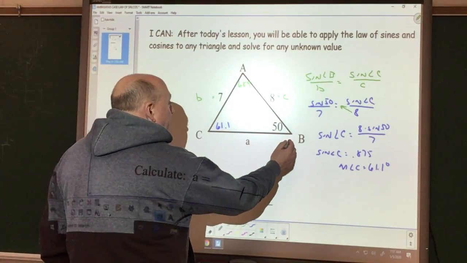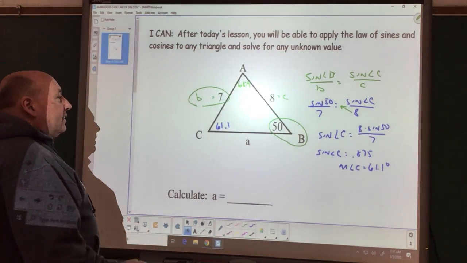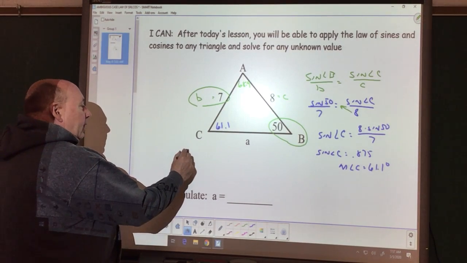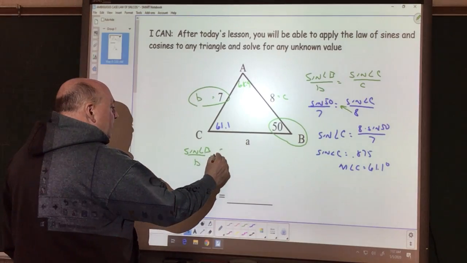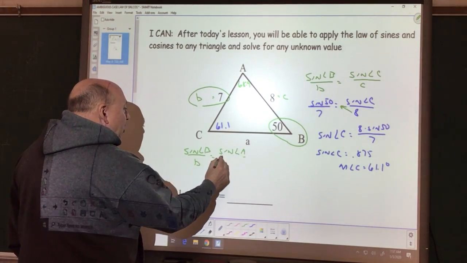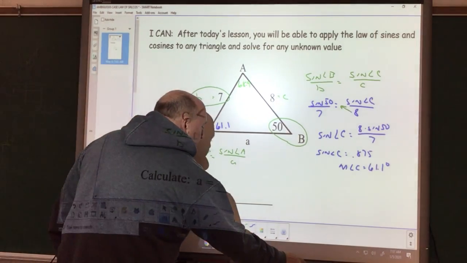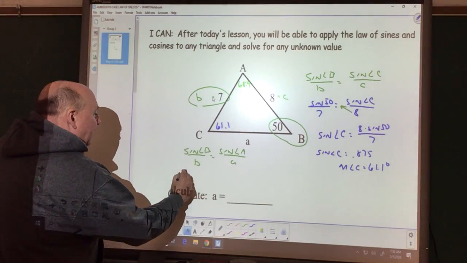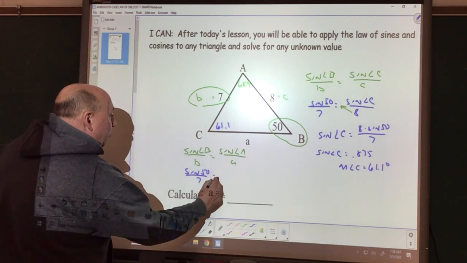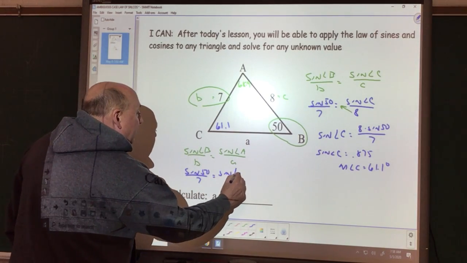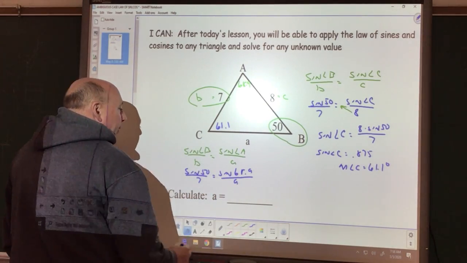Now once again, I could go back to my law of sines to calculate, and I would go back to the ones I know for sure. I have the sine of angle B over little b equal to sine of angle A over little a. So substituting in, we have sine of angle B, which is 50, over 7 equals sine of 68.9 over little a.